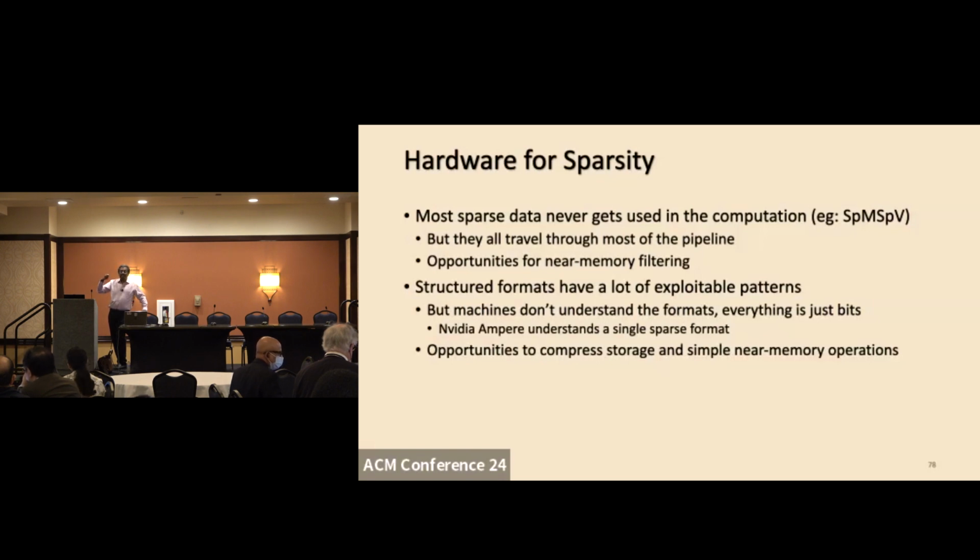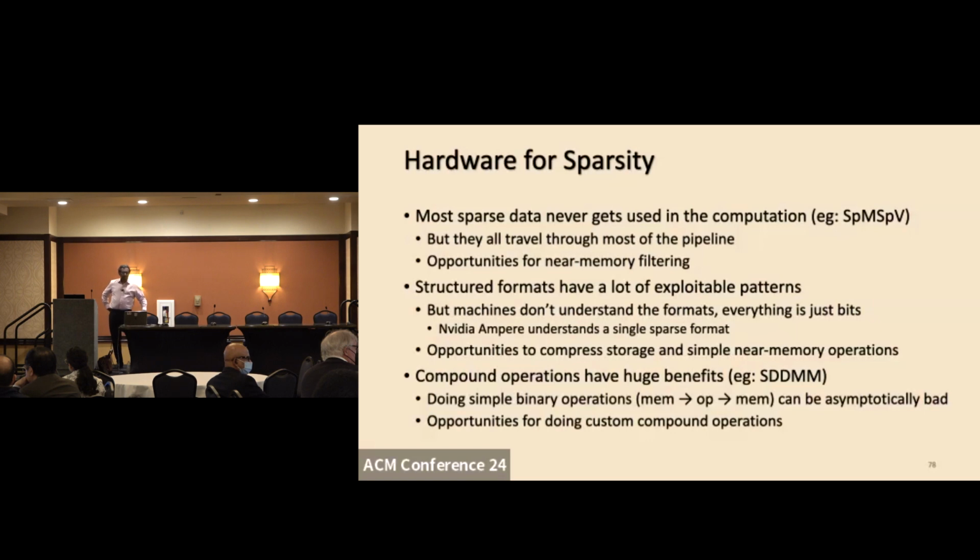A simple intersection, a simple union, is almost a memory-level computation and can save a lot. Also, if I can pack the data I need into a cache line, there are a lot of interesting opportunities. Here's a place, again, for the FPGA community, because then you can understand more and more data structures and generate code that I think can do really well.